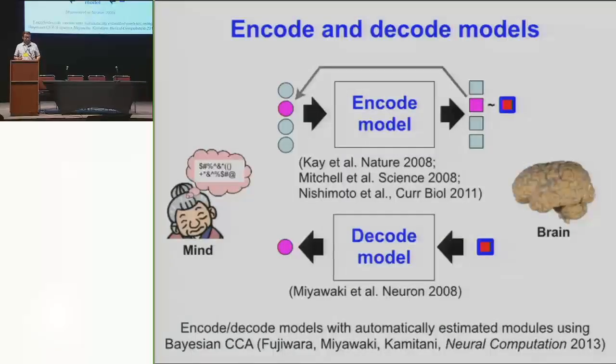And to make numerous outputs, you can also use other methods like an encoding model, which I think Jack Gallant will talk about later. So instead of a decoding model, you can make a computational encoding model, which has a visual image as input, and the output is brain activity in voxel intensities.